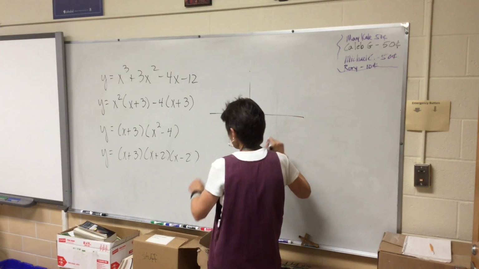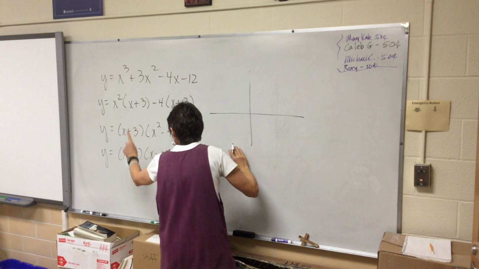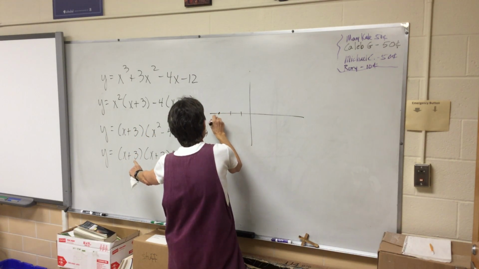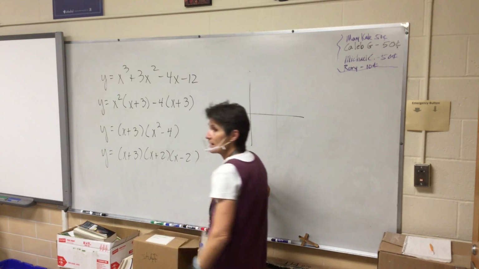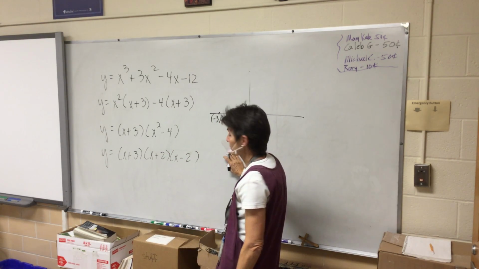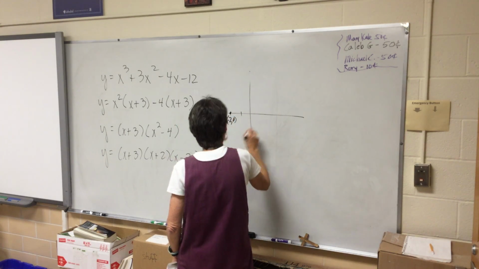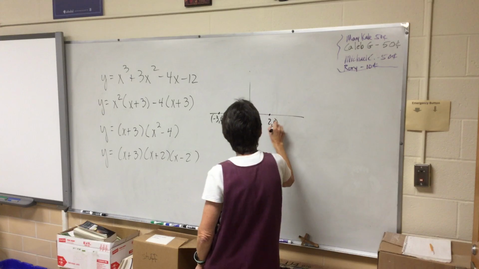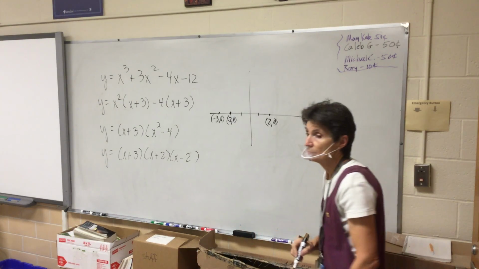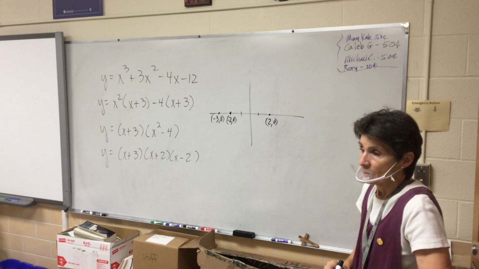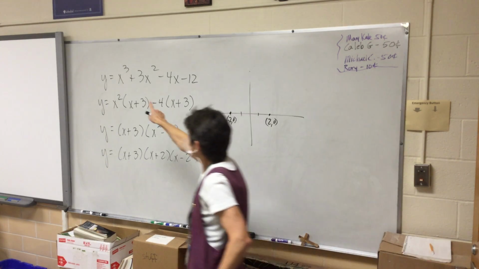We have 3 dots. Remember, every x gives you a dot. So I'm going to have a dot at -3, and I'm saying dot, I mean x-intercept, 0, -2, and positive 2. What's the degree of this thing? 3.